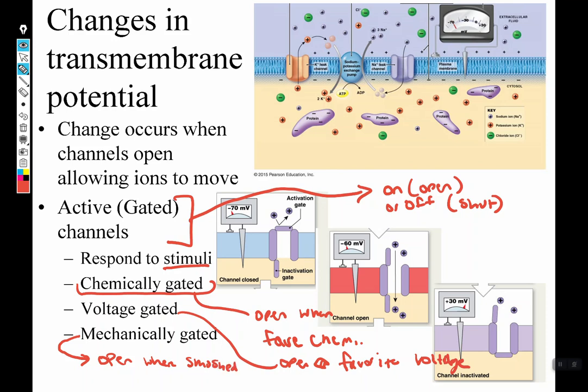So you guys might remember the lamellated or Pacinian corpuscles that we learned to recognize in the histology of the first lab stuff. The way those work is they're full of these mechanically gated ion channels, where if the Pacinian corpuscle is smushed physically, like you're touching it and you're pushing on it, that force opens the mechanically gated ion channels and creates a receptor potential in the Pacinian corpuscle that activates a sensory neuron.